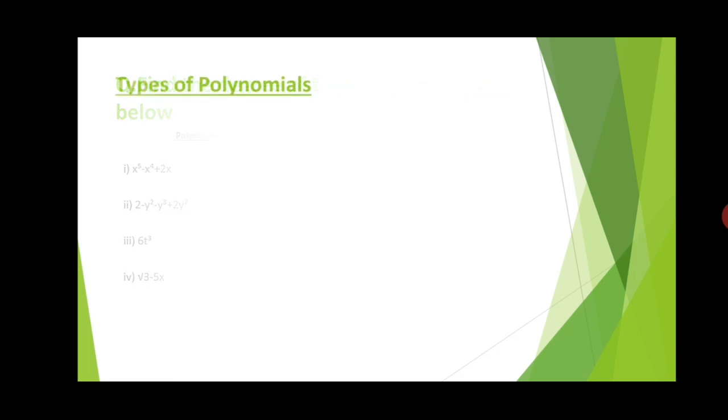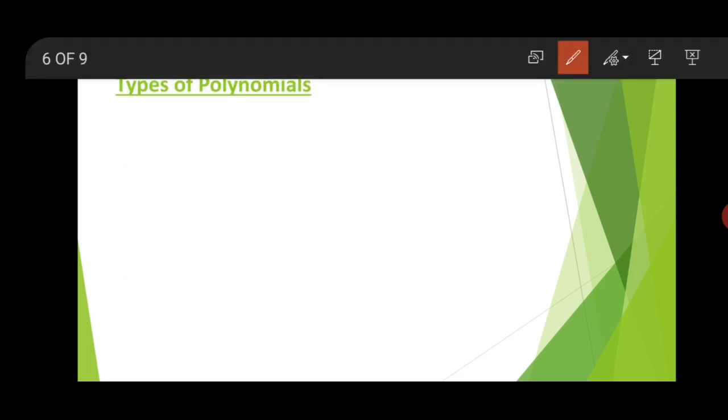Yes. Next, what are the types of polynomials, based on the terms you know? Yes, monomial, correct. Then binomial, yes. Then trinomial, good. Monomials, binomials and trinomials.